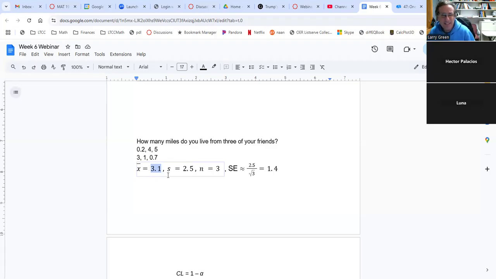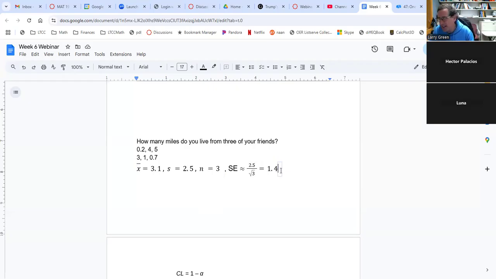The idea is the standard error is only 1.4. If I said 15 miles, that's almost 12 miles away from X bar, and that's many, many standard deviations away, which is very unlikely. Does that make sense? So it's not going to be an average of 15 miles.